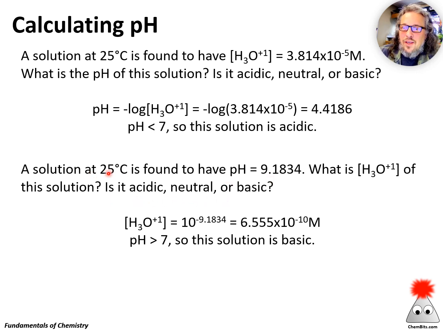Because if we're at 25 degrees C and the pH is 9, that's definitely a basic solution. But getting our concentration out of there: concentration of H3O plus is equal to 10 to the negative pH. So plugging that in, we get 6.555 times 10 to the minus 10th molar.